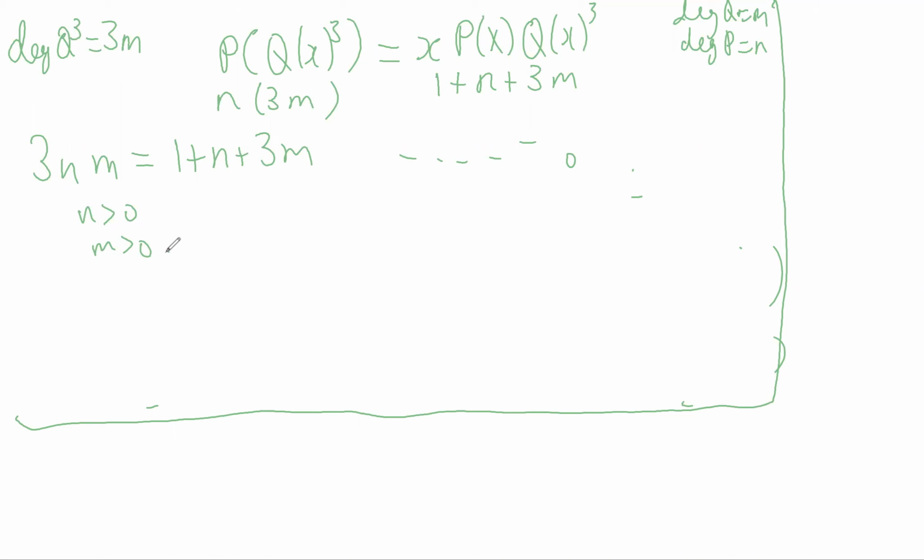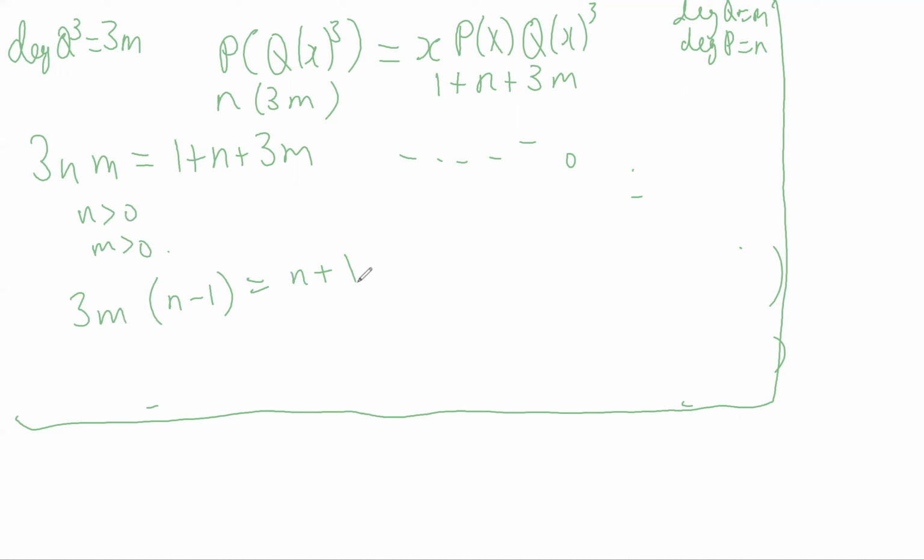Hmm. How do we do it? Maybe we could do like 3m outside of n minus 1 is equal to n plus 1. So that makes it look pretty ridiculous.